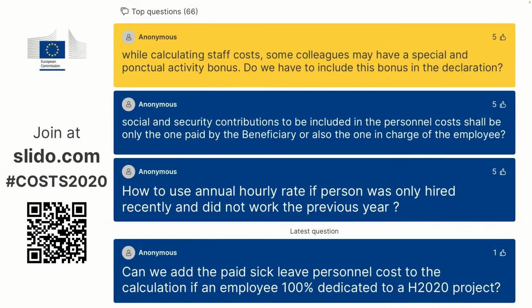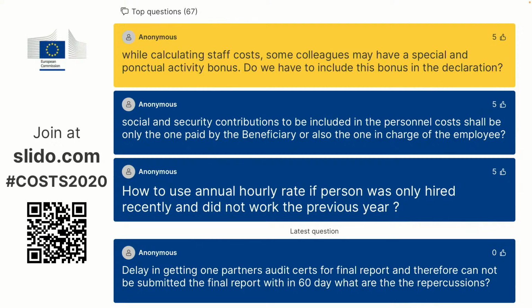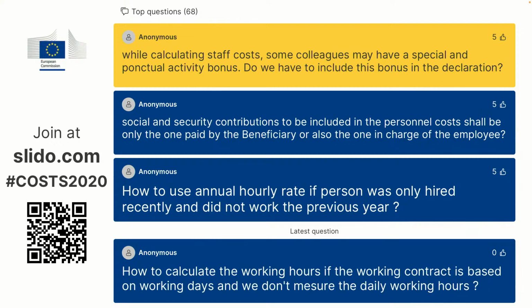Okay, we go to the next question. Social security contributions to be included in the personnel costs, shall they be only the ones paid by the beneficiary or also the ones in charge of the employee? So the social security cost that should be included would be all of it.